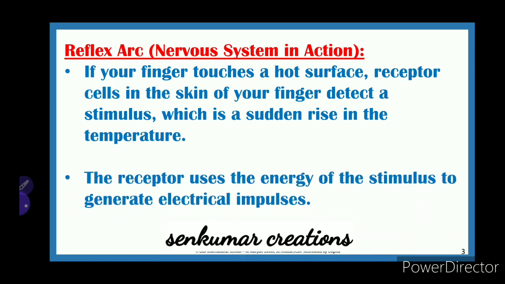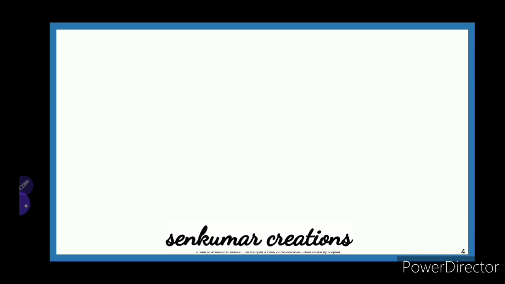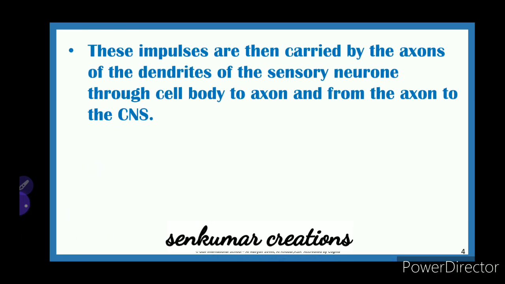The receptor uses the energy of the stimulus to generate electrical impulses. The energy from this stimulus is used to generate the electrical impulse, so that it can pass through the neurons to reach the brain, or central nervous system.